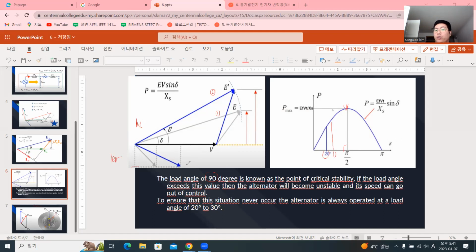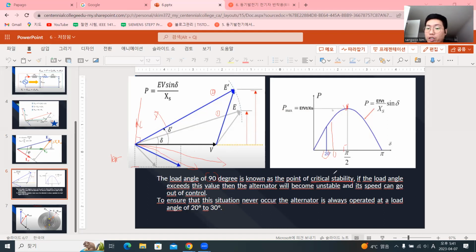Since we added active power, the torque angle has to become bigger. Since we keep adding more active current, the angle heads toward 90 degrees, these deltas. But we cannot go over.